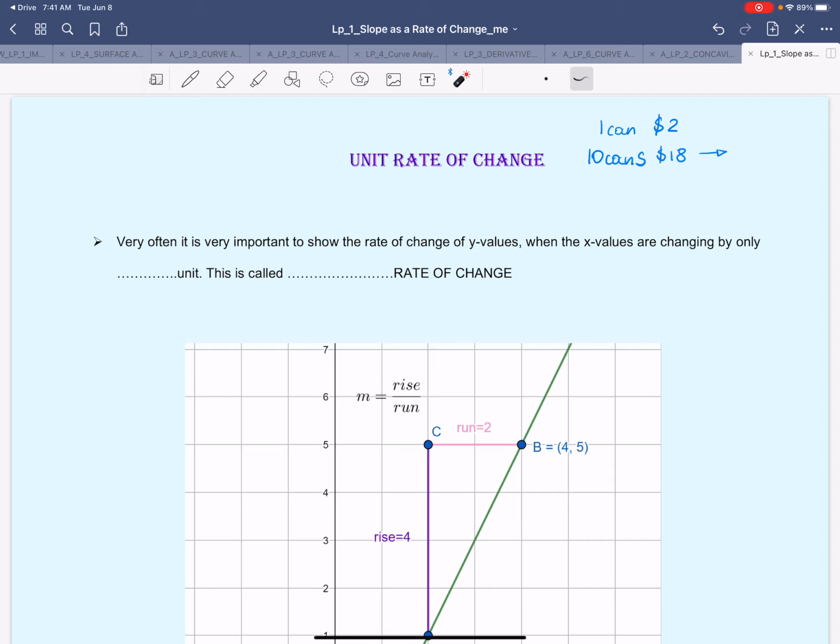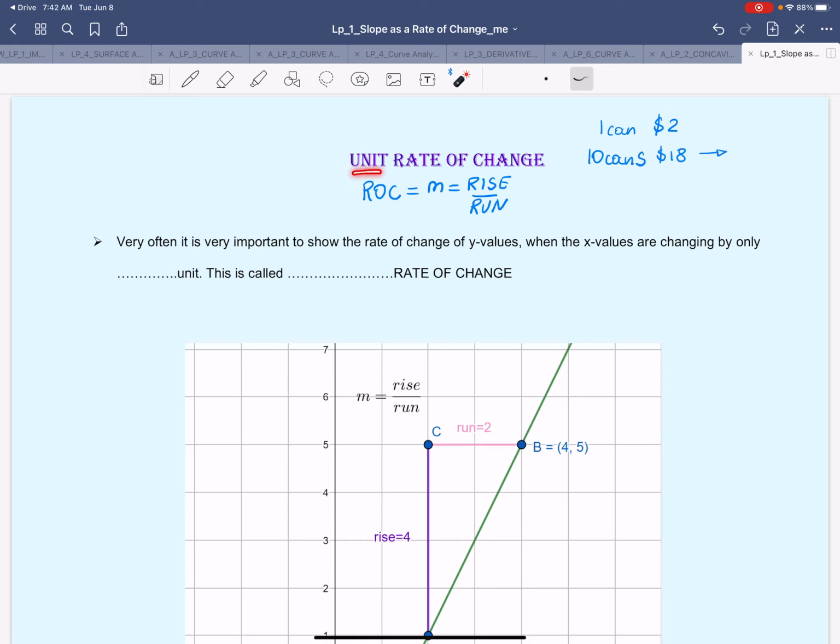Now, unit rate of change is kind of similar to unit price. Remember that we said that the rate of change is measured by the slope, which in itself is rise over run. And rise and run can be any number, except for run cannot equal 0, otherwise slope is undefined.